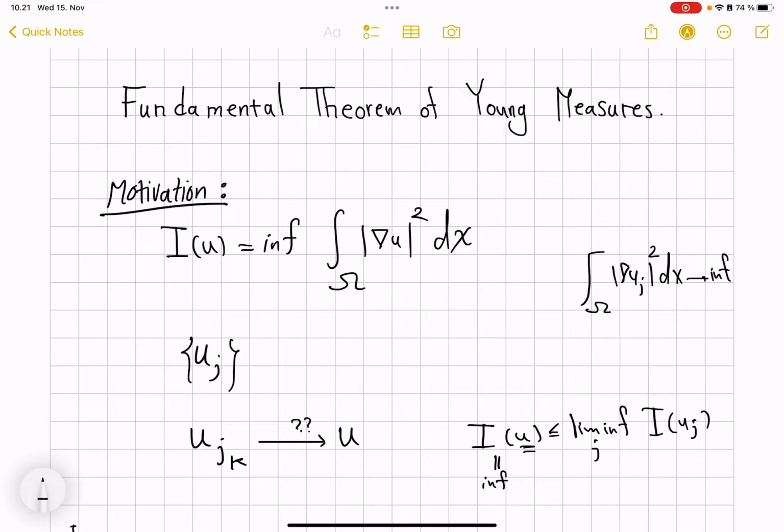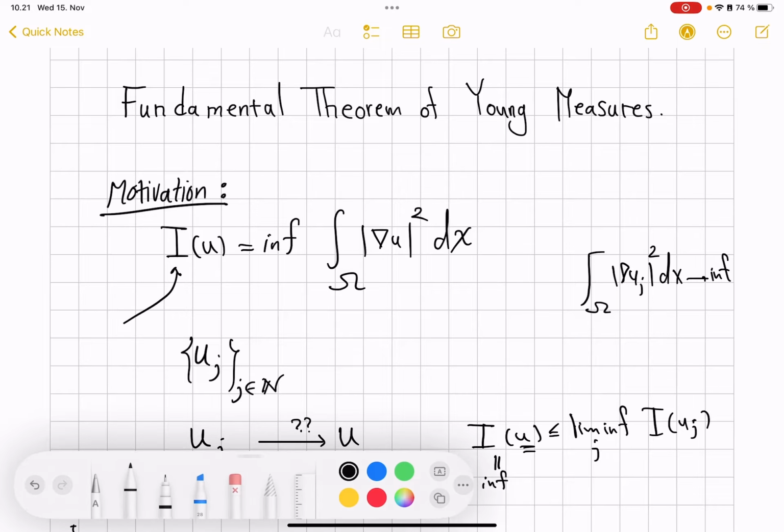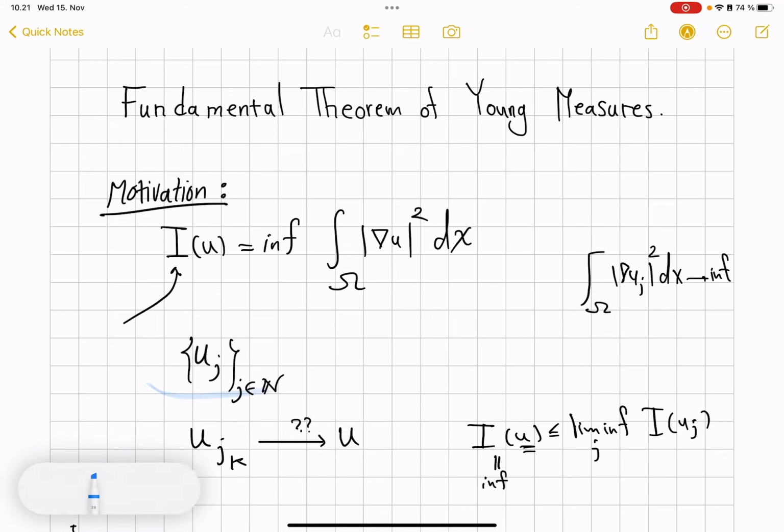Unfortunately, there are interesting examples of energies which do not have all of these properties, and you can end up with minimizing sequences that do not converge in the usual sense.